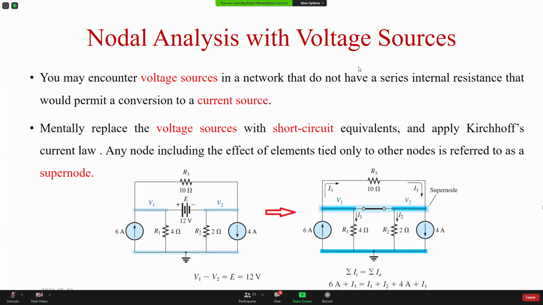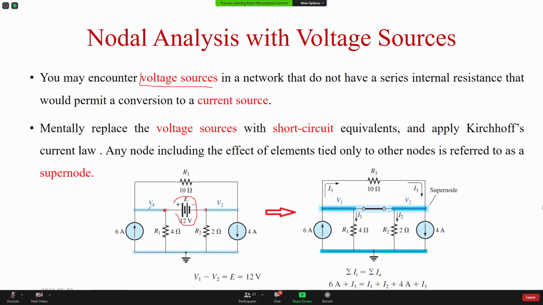Yes. Okay, so we did the exercises until this point. And this is when we have voltage sources between nodes. So it says if you see voltage sources in the network, and this voltage source is actually between two nodes, like this, between this node and this node.